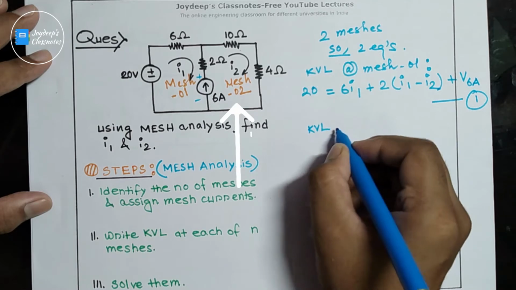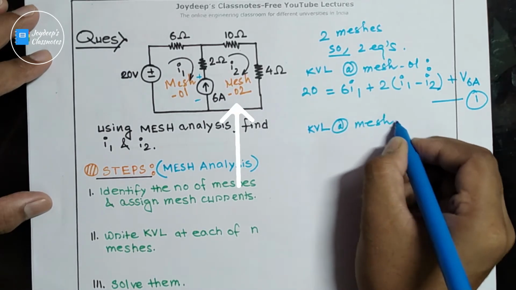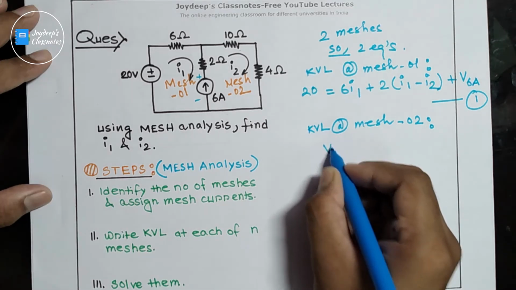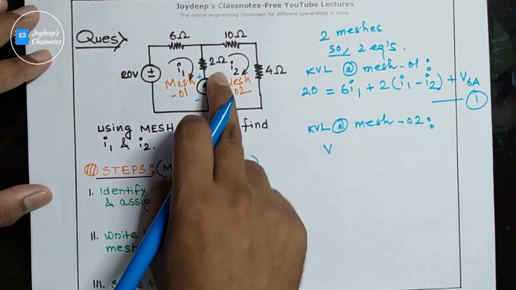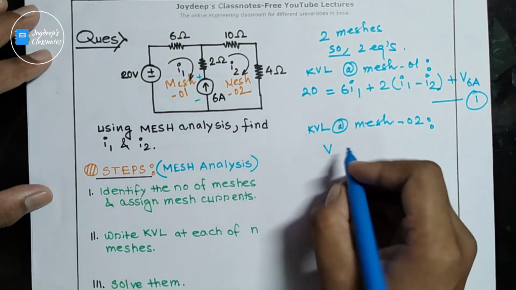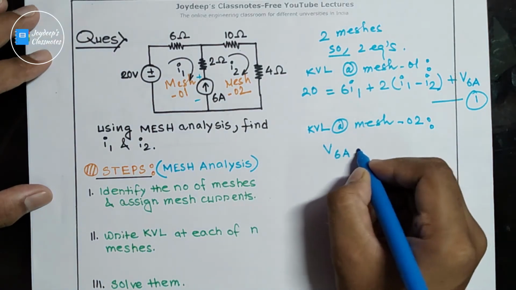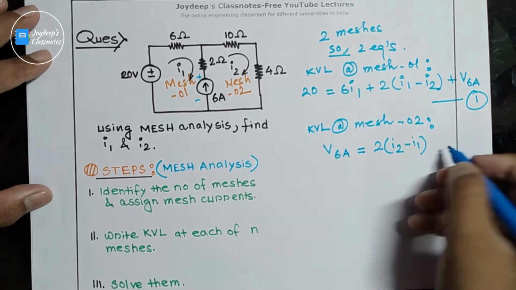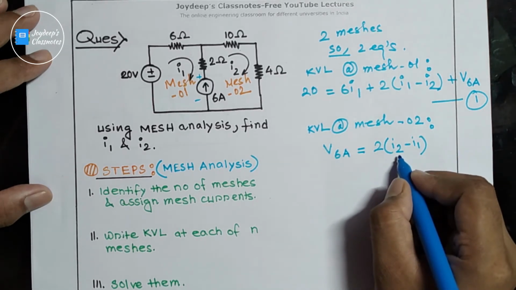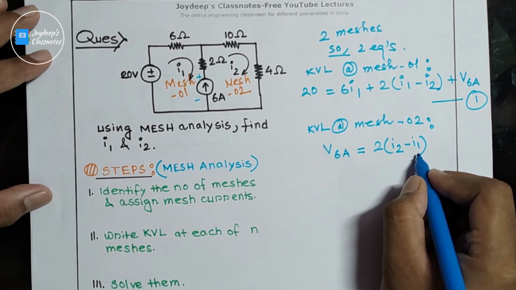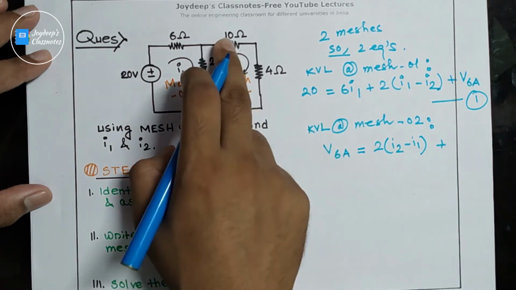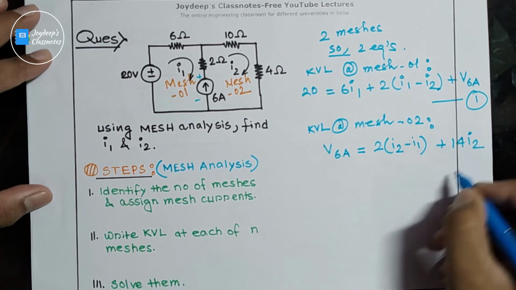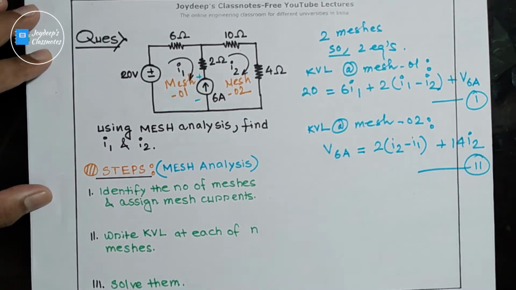If we apply KVL at mesh 2, our equation becomes V, the voltage across this 6 ampere current source, is equal to 2 within bracket I2 minus I1, because we are considering mesh 2, so this is why I2 minus I1, not I1 minus I2, plus 10 of I2 plus 4 of I2, that means 14 of I2. Clear? This is your equation number 2.